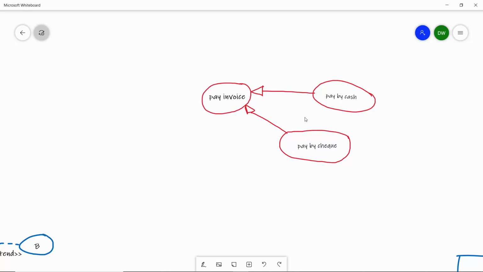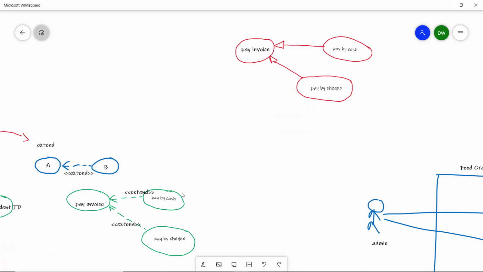But in this case, this pay by cash use case and pay by check use case do not become optional. If you look at these two relationships, I have same set of use cases, and here also I have same set of use cases, but here I have used extend relationship, but here I have used generalization relationship.